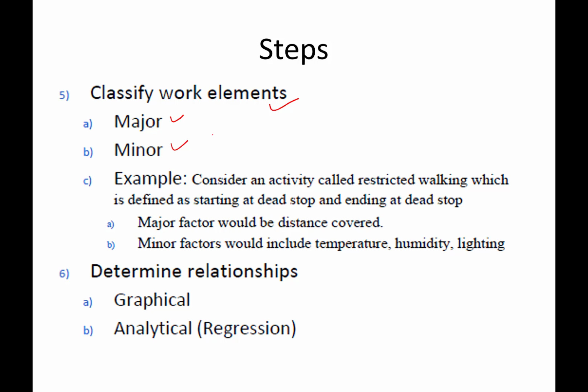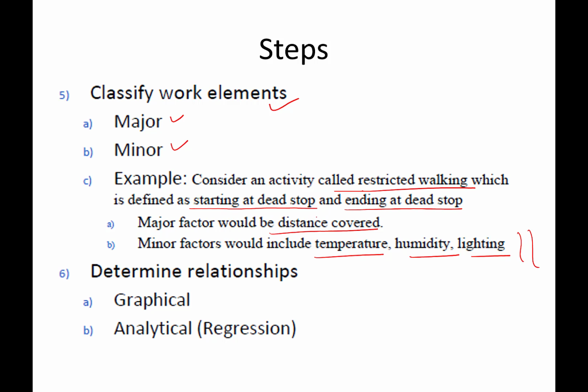Consider the activity called restricted walking, defined as starting at a dead stop and ending at a dead stop. From one position to another, the time required will depend primarily on the distance. The minor factors can be temperature, humidity or lighting, but these will not affect it significantly.